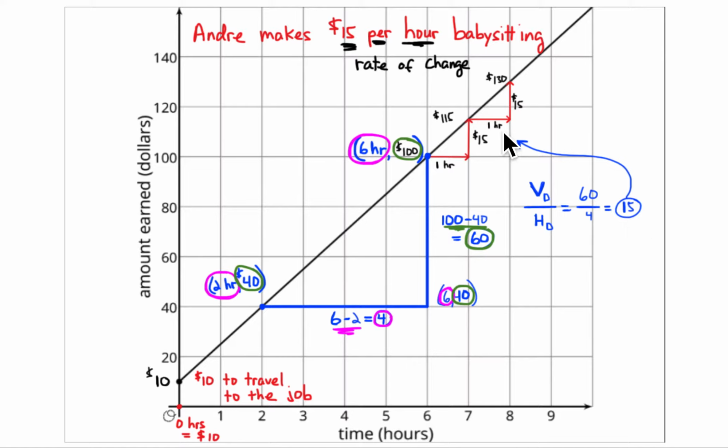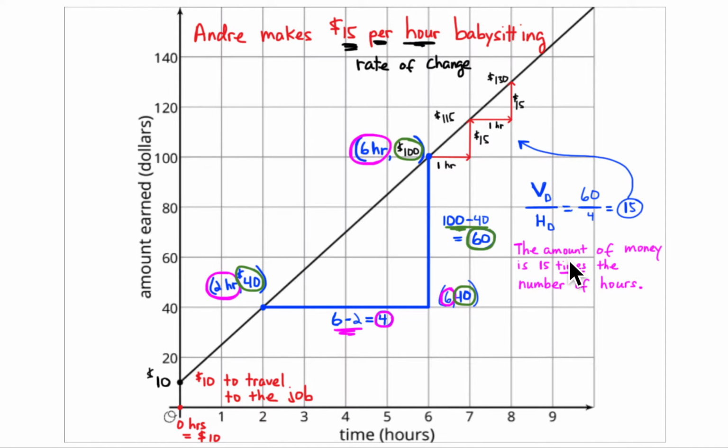So you get the same thing as you got up here, which you have to. So it's $15 per hour is the rate of change. And so then notice that the amount of money is 15 times the number of hours for each hour worked. You have to also include this $10, but the rate of change is that $15 per hour.